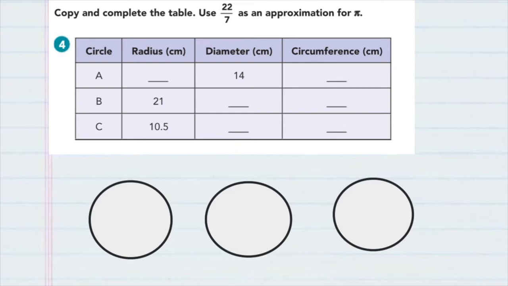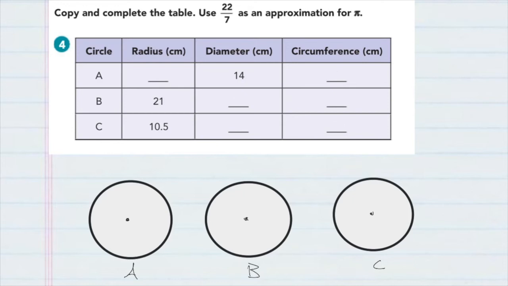They might look a little bit more like ovals, but close enough. So we'll say that this is circle A, this is circle B, this is circle C. And then we can make an approximate center of each circle.